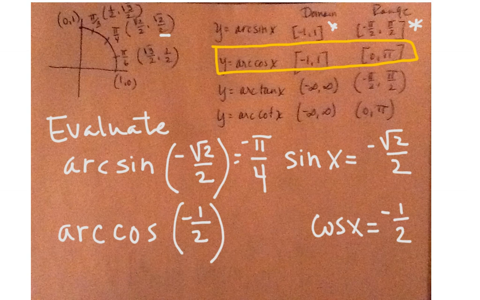So in the first quadrant, cosine of some angle equaling positive 1/2 is pi over 3, and I want negative 1/2. I know the cosine is negative in the second quadrant and the third quadrant, and between 0 and pi my value would be 2 pi over 3.